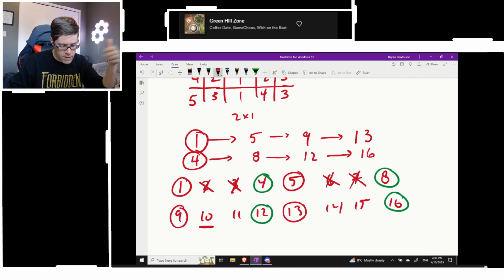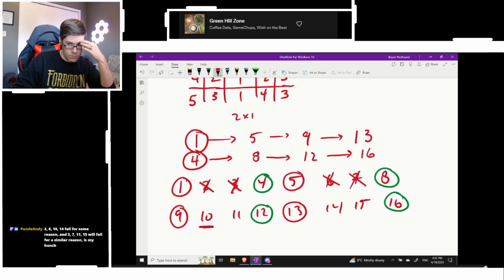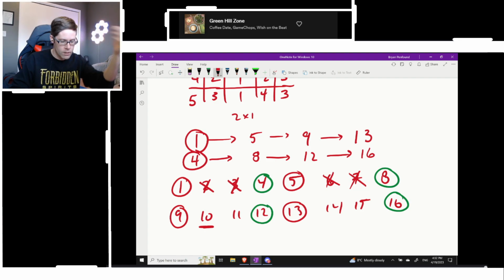Or alternatively, is it possible to show that we just couldn't do it? So you think 2, 6, 10, and 14 fail for some reason. 3, 7, 11, and 15 would be the other ones to look at too, and they would fail for some reason as well. Cool.